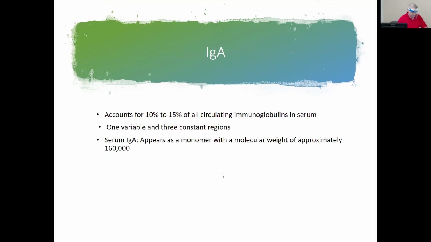So that moves us to IgA. IgA, it's about 10 to 15 percent, so it's about the same as IgM. IgM was 5 to 10 percent of all circulating in the serum, okay? But there's something IgA can do, right? IgA kind of gets out of the circulation, but you have to be a secretor to do it.